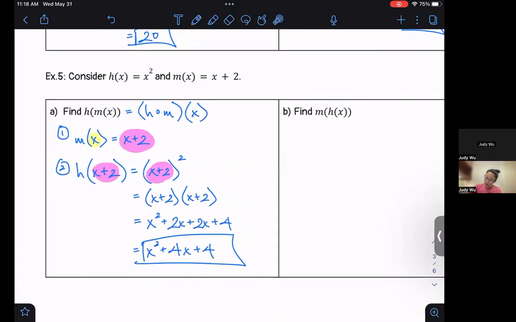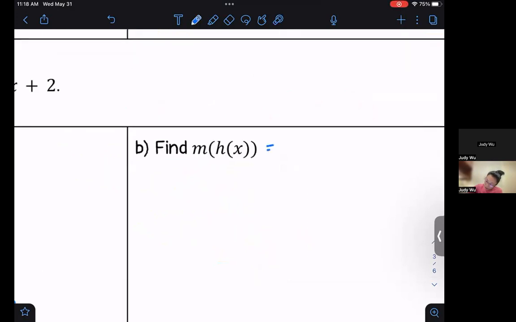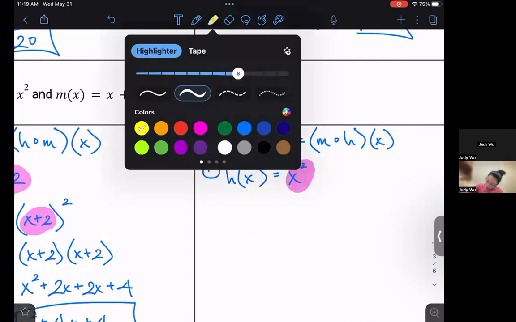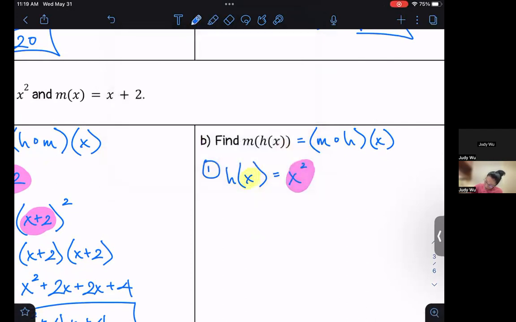Well, let's see now what happens when we compose the functions in the opposite order. All right, so m of h of x is the same as m composed with h of x, right? It's always the one closest that we do first. So first, we're going to find h of x, which is equal to x squared, right? So x squared is the output when I put in x.